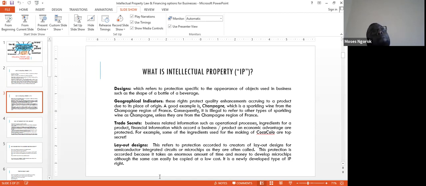So it's possible to protect a name or word showing the origin of the product. For example, the word Java for coffee. Java is an island in Indonesia.